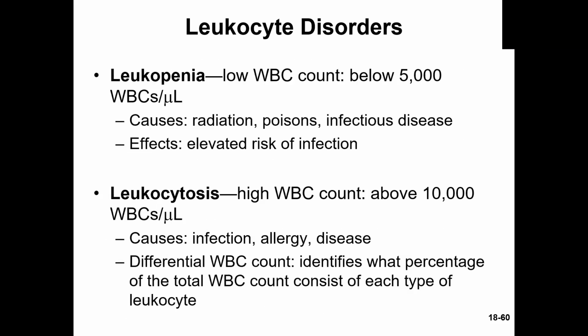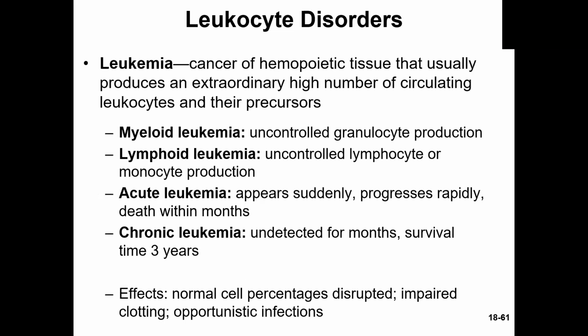So, for example, you might have 10 basophils, but compared to the rest of the cells that were measured in that blood draw, that's going to give you the differential count in contrast to the total white blood cell volume in a sampling.